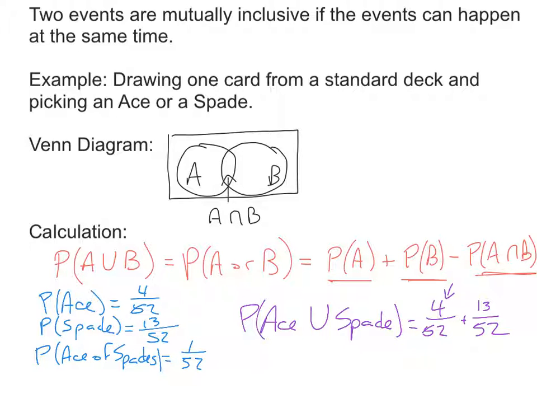I have an ace of spades in that pile, and I have an ace of spades in that pile. So I need to take out one of those ace of spades so I don't consider it happening twice. So we end up with 4 plus 13 minus 1 on top, which gives me 16, out of 52 on bottom, and I can divide out a 4 on both, so that leaves me with 4 out of 13. And we are done.